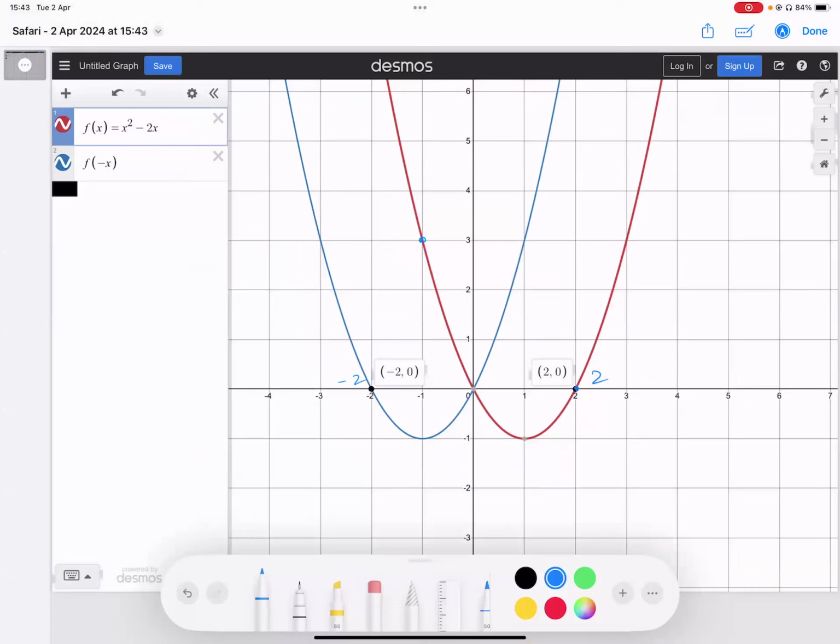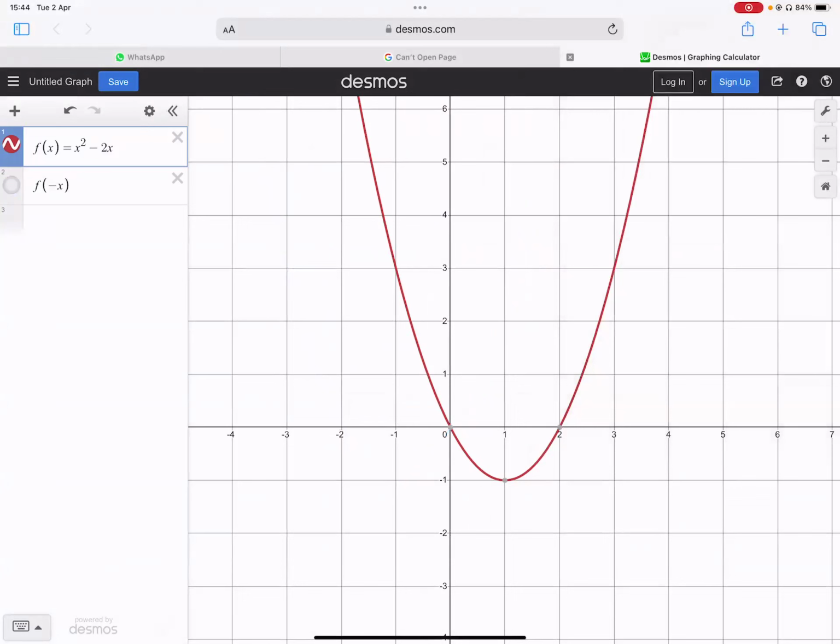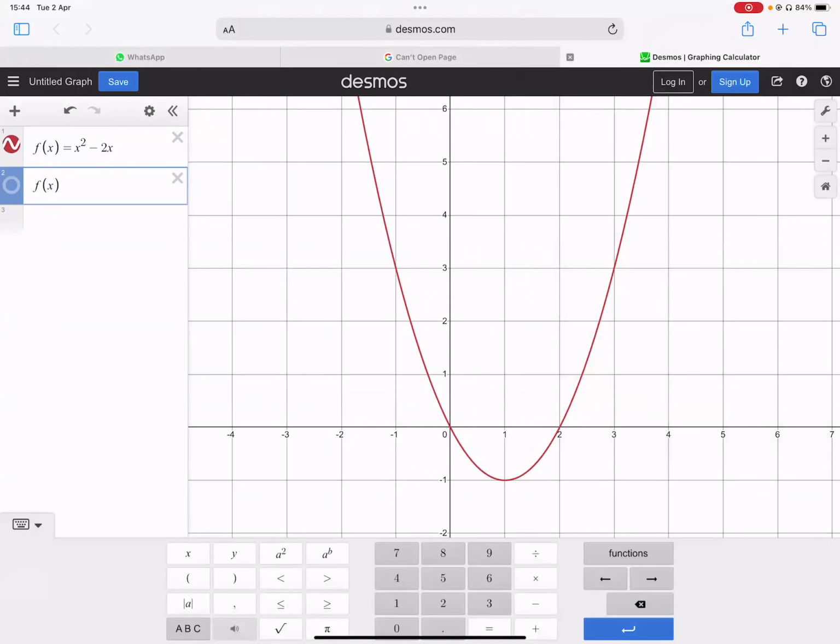This point had x coordinate -1 earlier, now it becomes +1. So the x coordinates get multiplied by -1. So it's a reflection with y-axis as the line of reflection. That is what happens in this case. Okay, so when you multiply by negative sign inside, it's a reflection in y-axis. It's called horizontal reflection.